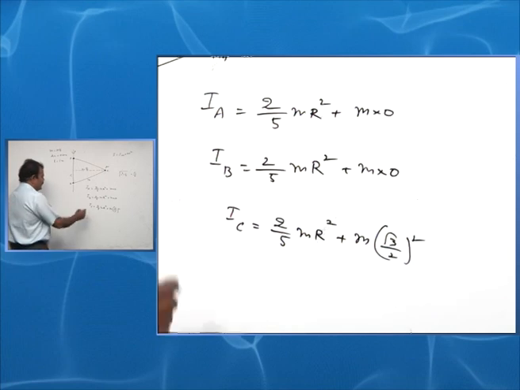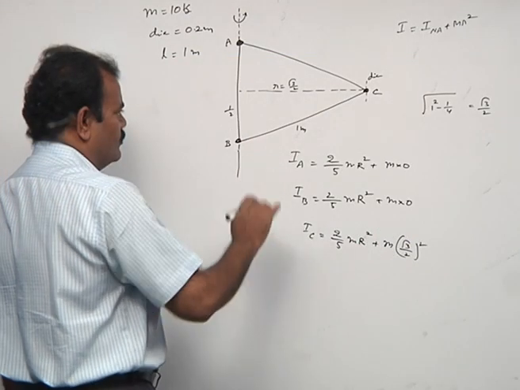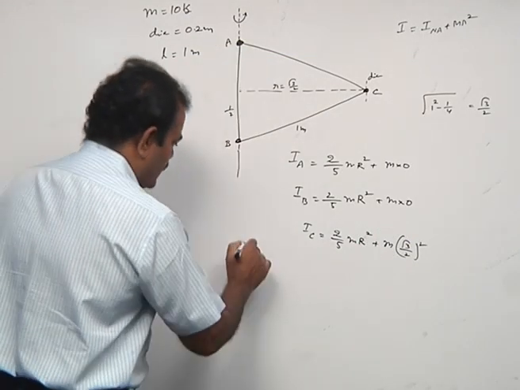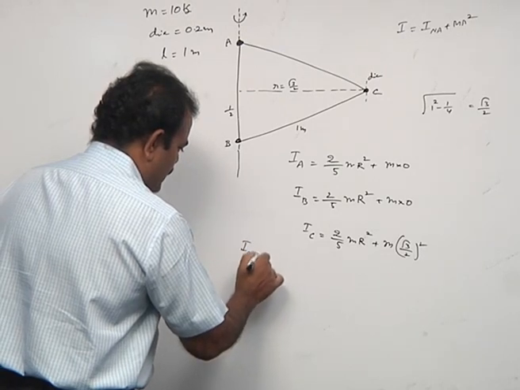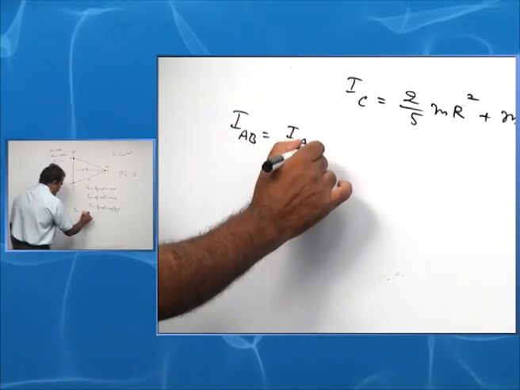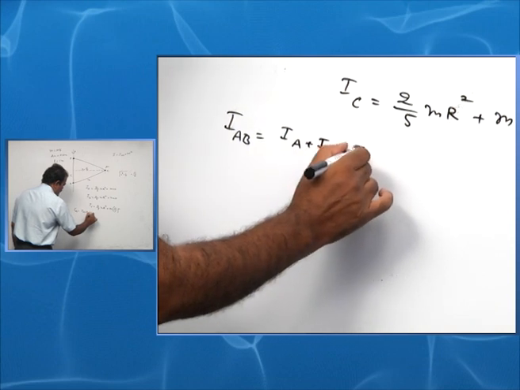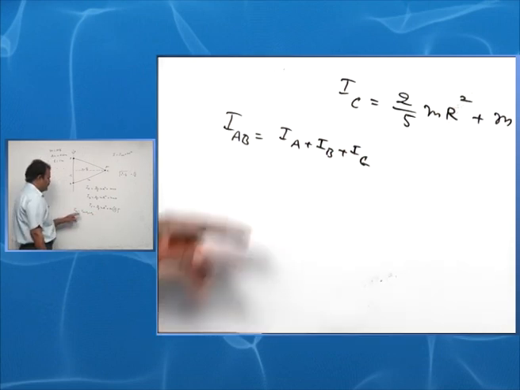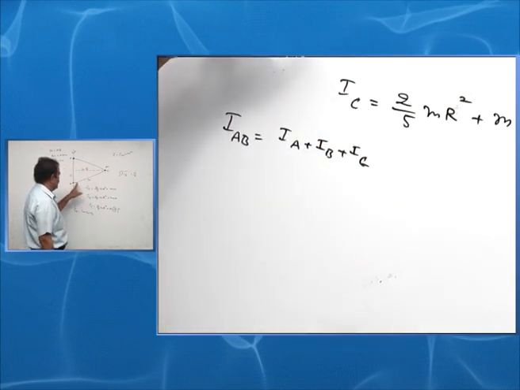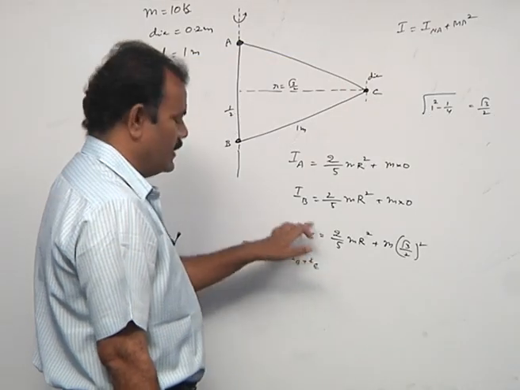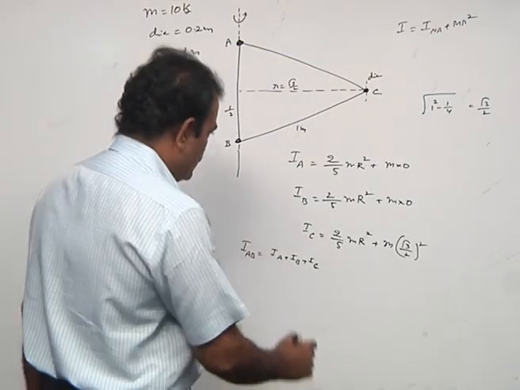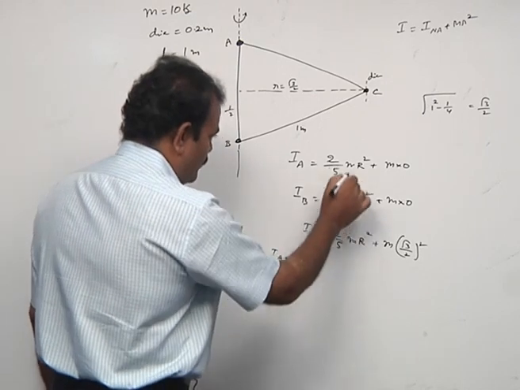Now the moment of inertia of the total frame about the given axis AB, that is IAB, is equal to IA plus IB plus IC. These are the moments of inertia of each sphere about the given axis, so we are combining all of them. IA is equal to 2 by 5 mr square.